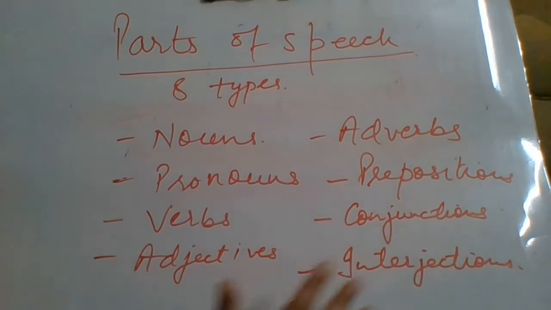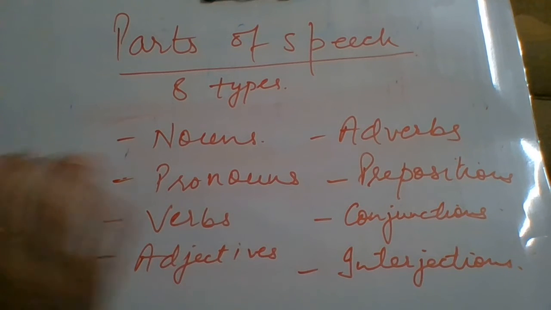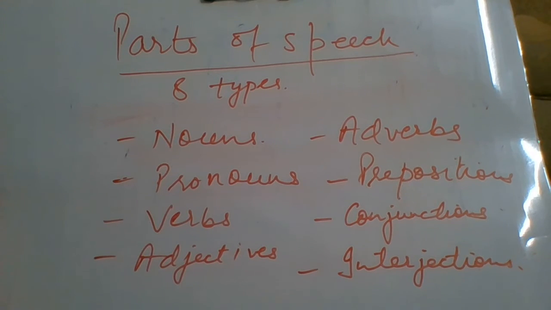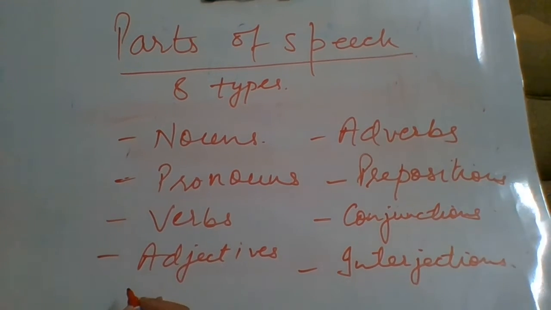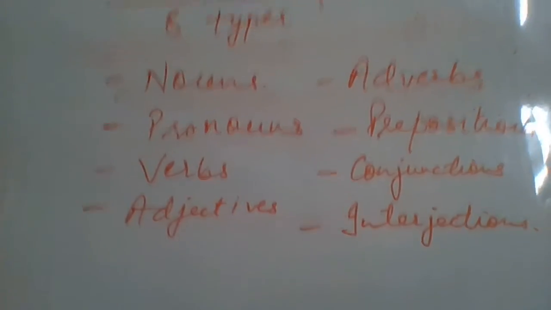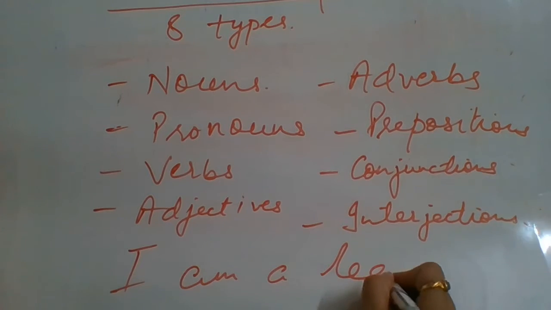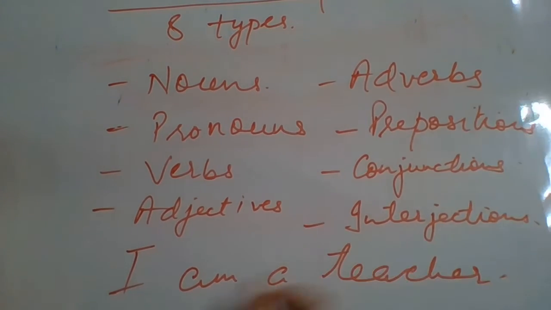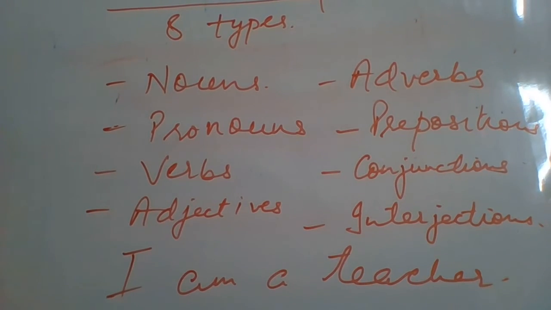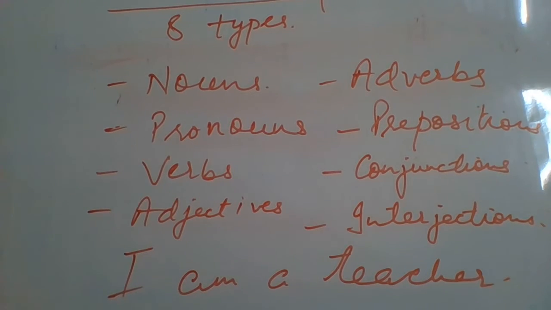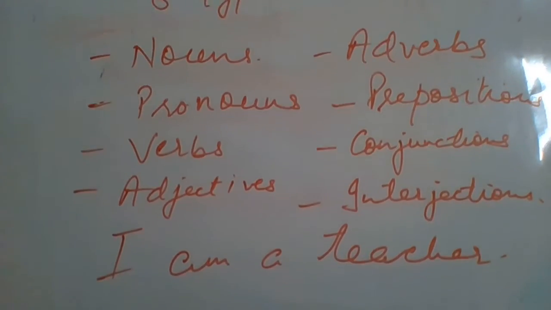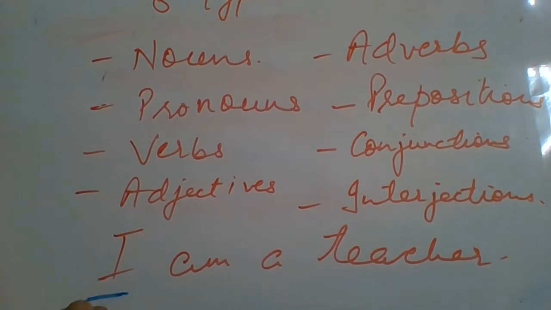These are basically the parts of the sentence that we use. For example, if I am giving you a sentence like I am a teacher, right? So this sentence has these things in it. I is a pronoun, a noun for me.